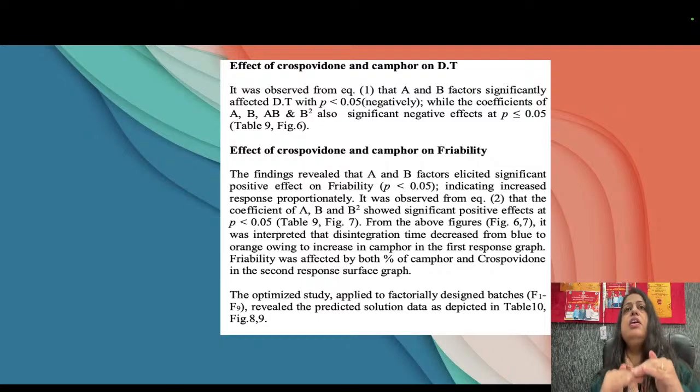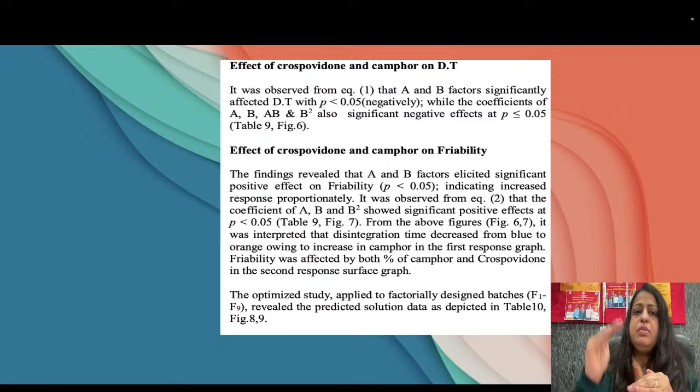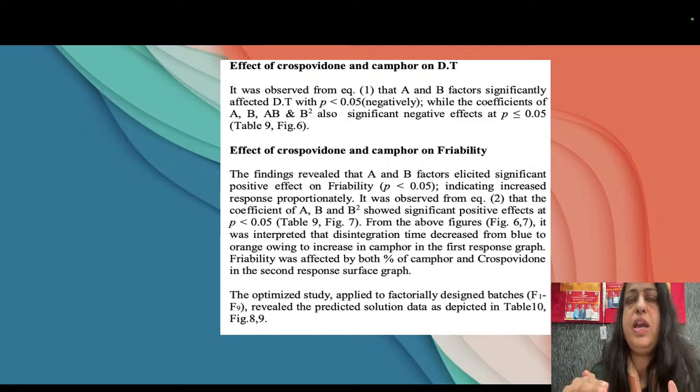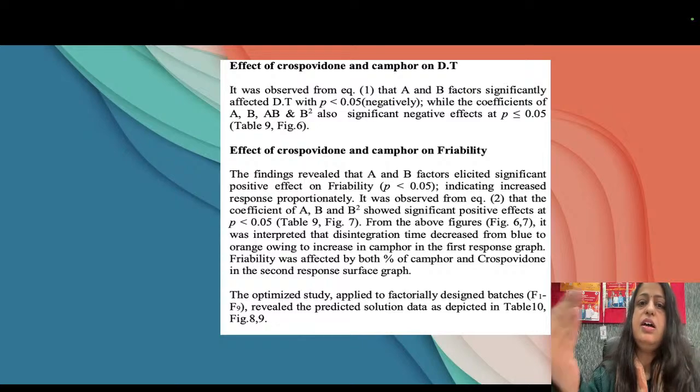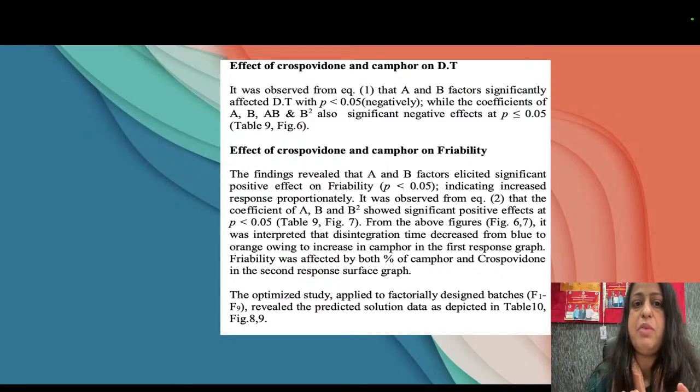So if the factor is increasing, then percent friability will be increasing. If it is decreasing, then percent friability value will be decreasing, right? If we check out their combined effect, it is showing the significant positive effect, and the p value is less than 0.05.